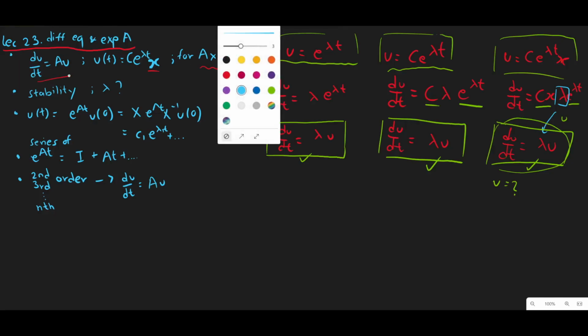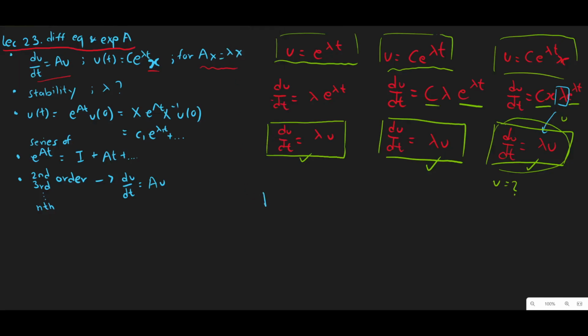I have this form of du dt equals Au, and to prove that u equals c e to the lambda t x is the correct solution to this when Ax equals lambda x, let me plug u in here and see if I can see the connection.